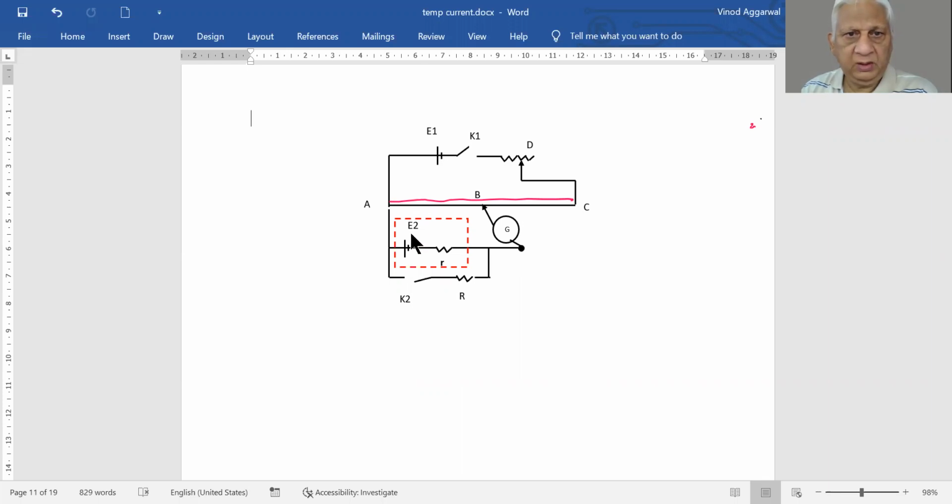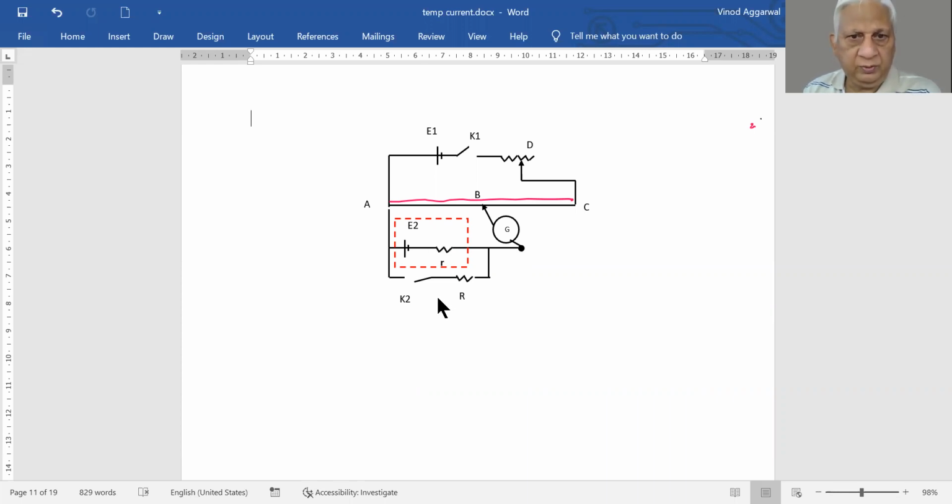Then this is the battery of our interest, of which we want to find the internal resistance. Let us say this battery has an internal resistance small r. Now this dotted box is a complete battery, wherein E2 is the EMF of this battery and r is the internal resistance of this battery.